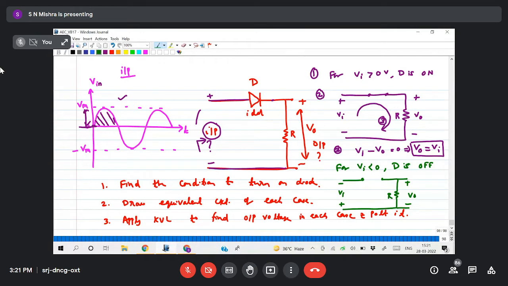So what is my output voltage? I have drawn the equivalent circuit. What is my output voltage? Is there any current flowing in this circuit? No, sir. Current is 0, so V naught equals 0.